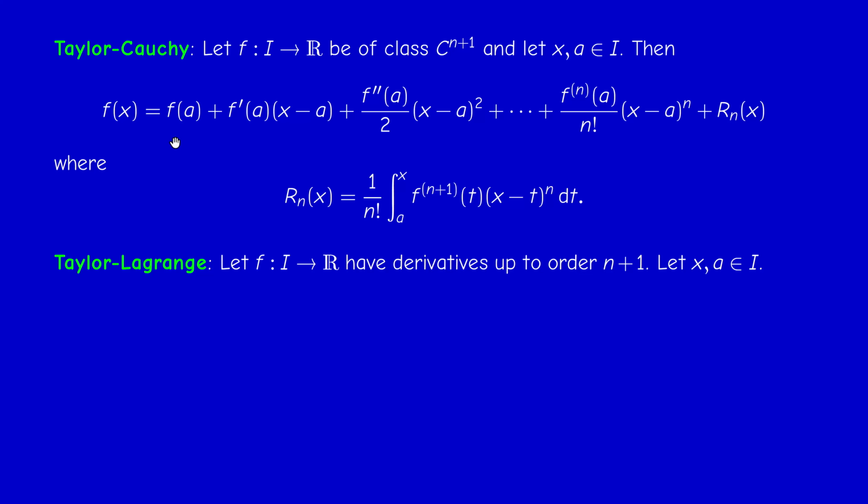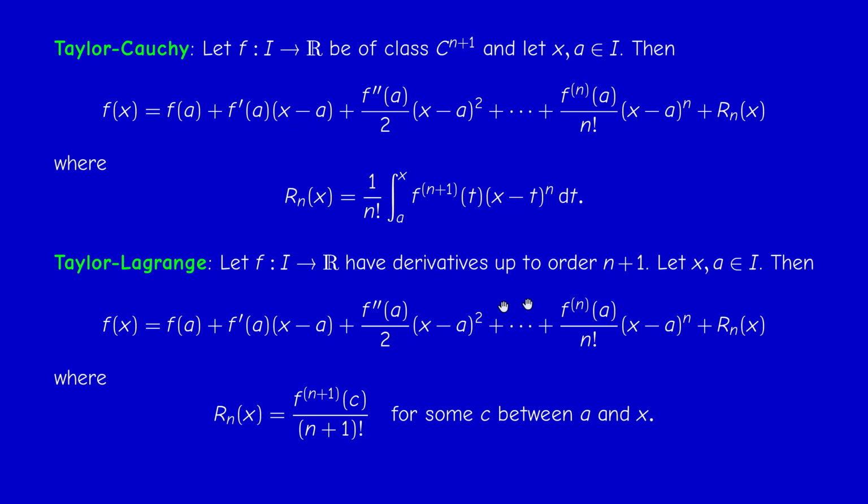Now Taylor-Lagrange, the assumptions on f are a little bit weaker. So instead of requiring a continuous n plus 1 derivative, we're just requiring the existence of the n plus 1 derivative. Okay, so here the f^(n+1) should be continuous. Here f^(n+1) should just exist.